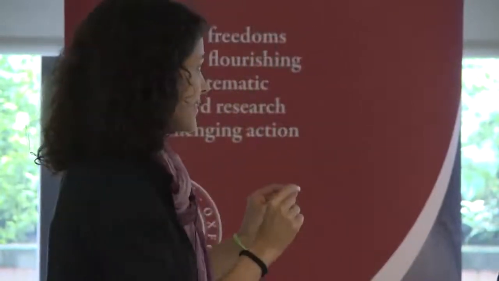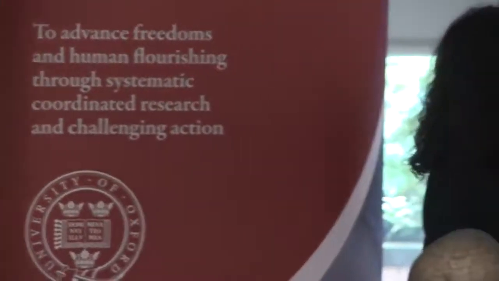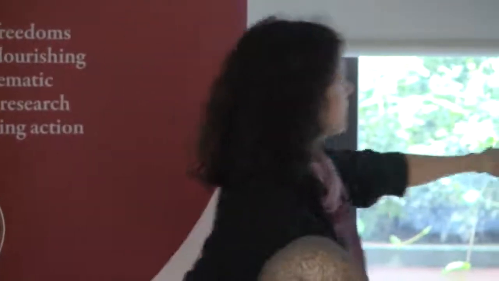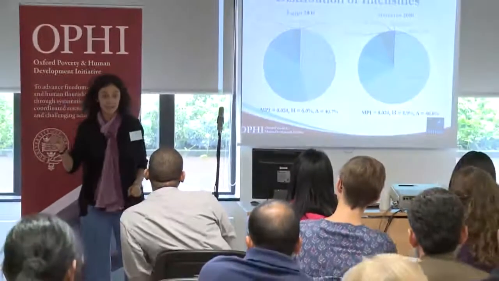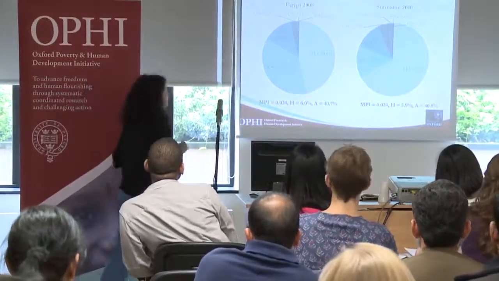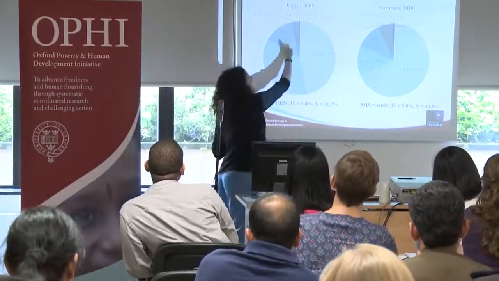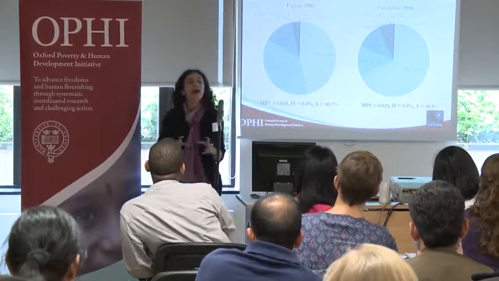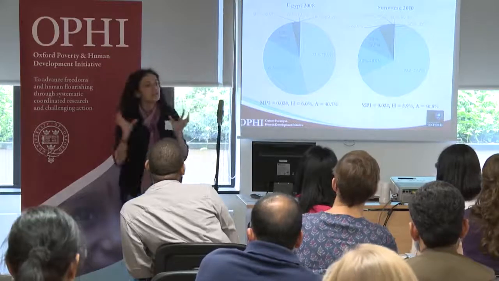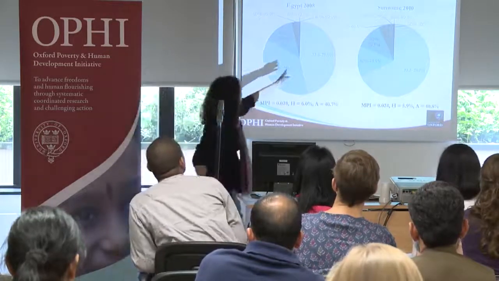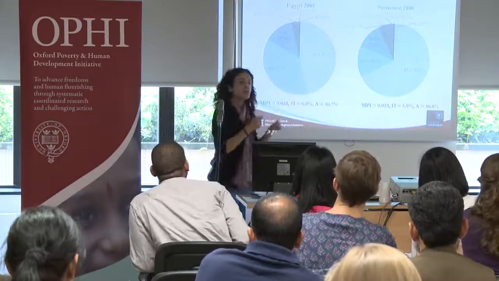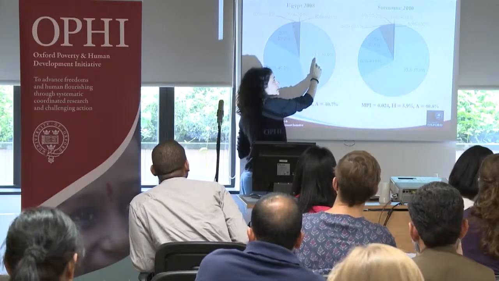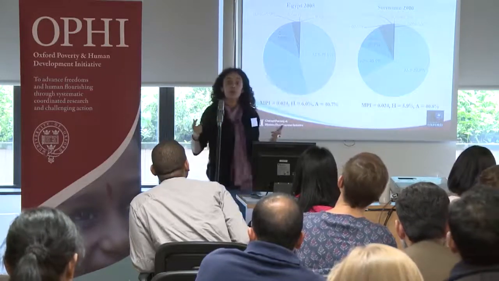Why is it important to look at inequality with this measure? Suppose here Egypt and Suriname have the same MPI and very similar headcounts and intensity. However, let's look at the poor, only the poor. Each of these slices is the proportion of the poor that have deprivations between 33.3 and 39.9.